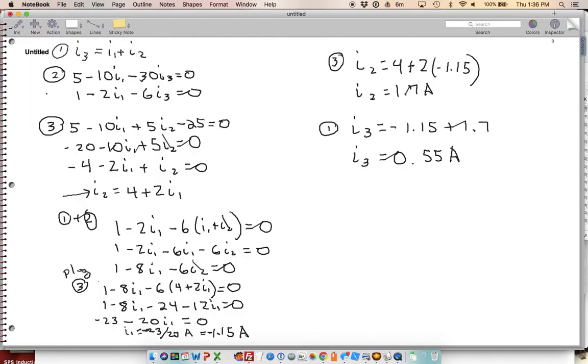So the bonus question is, for the new E1 in part D, find the power delivered by each battery. So let's do the bonus. The power delivered by E1 now is going to equal the current, which is 1.15, times the voltage, which is 5. The answer for that is 5.75.